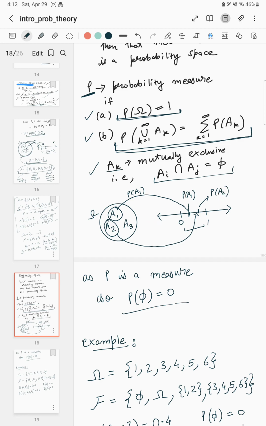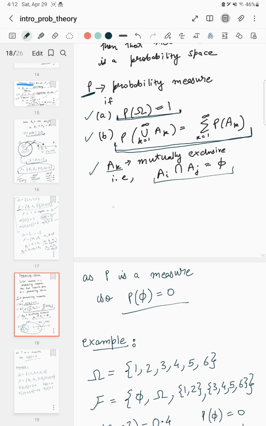And if the A1 and A2 sets are disjoint, then that means these two events, A1 and A2, are mutually exclusive.